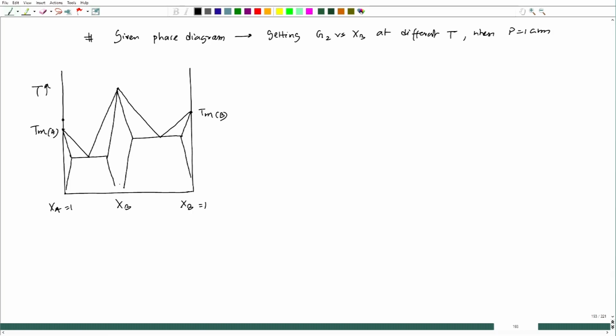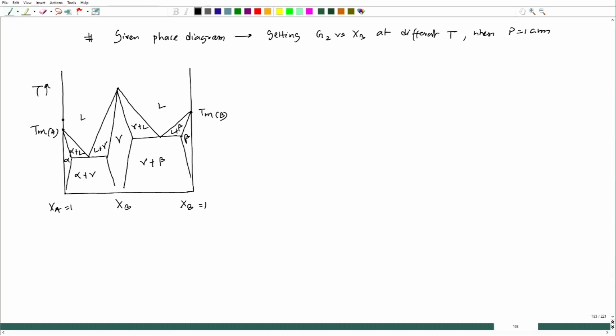Now here we have, let us say, a particular phase which is gamma. This is liquid, this is liquid. Let us say this is alpha, this is alpha plus gamma, this is gamma plus beta, this is beta region, this is gamma plus liquid, this is liquid plus beta, alpha plus liquid, liquid plus gamma.